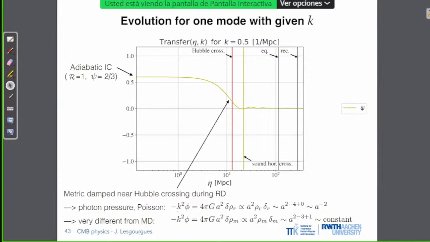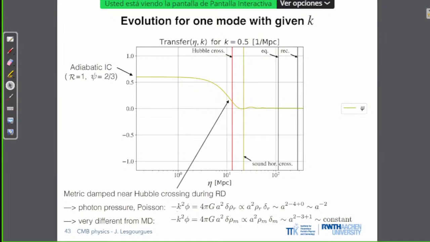This will be important. I anticipate on what we will find later: if our mode would cross the Hubble radius later during matter domination, to see what happens, I will need to look at the Poisson equation during matter domination, not with a delta rho r, but with a delta rho m.